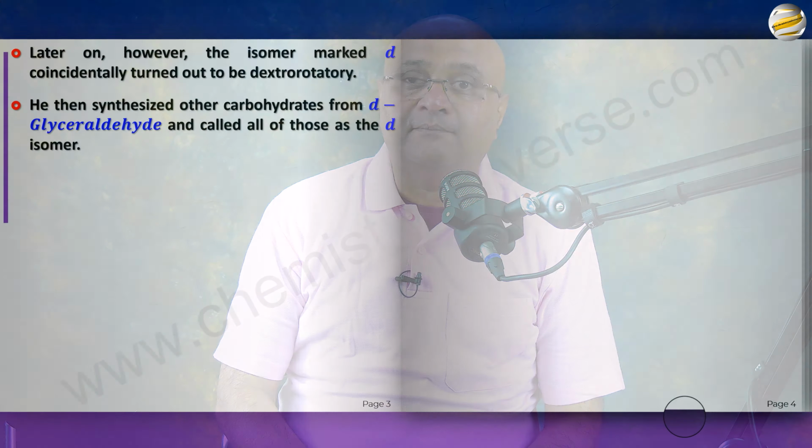He said, when I synthesize any other higher carbon or higher molecular mass carbohydrate from D-glyceraldehyde, then all of those must be designated as D isomers. And anything that I synthesize from the L-glyceraldehyde, all of them would be the L isomer.